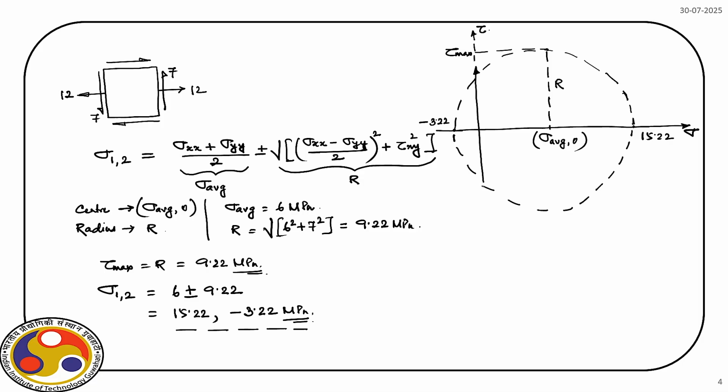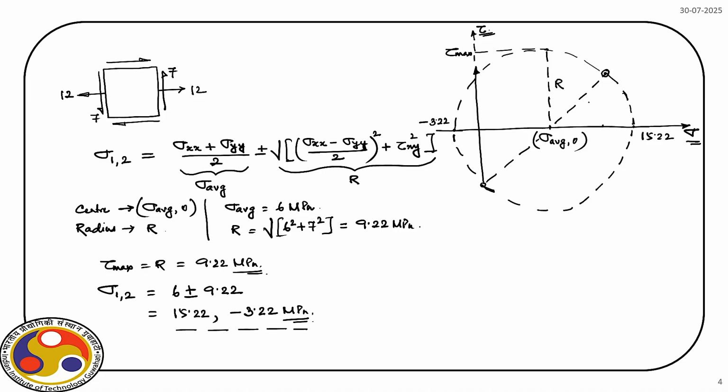So, that actually forms the circle which gives the complete variation of normal stress and shear stress over different planes, right. Earlier we identified sigma xx, tau xy, and then we identified this point, and then we have sigma yy, 0, and if we join these two, that passes through the center, and then we consider half of this from the center to this extreme point.